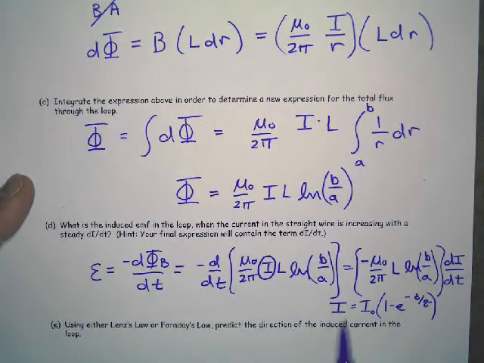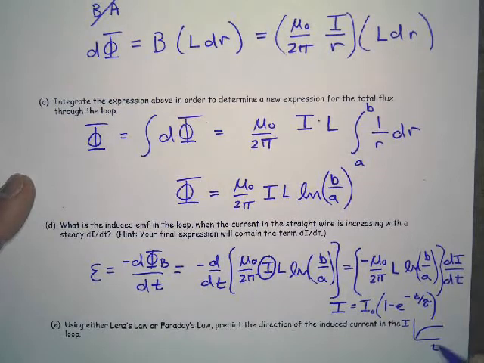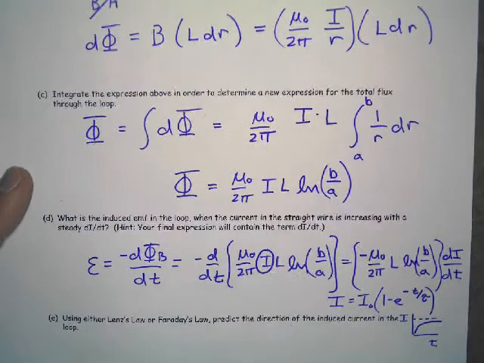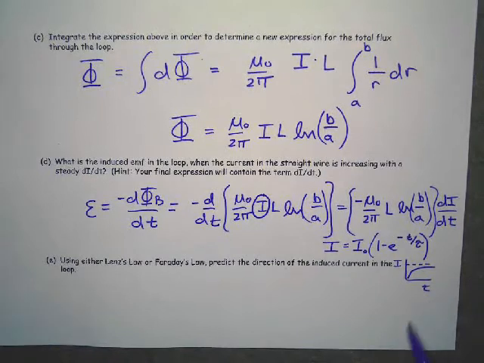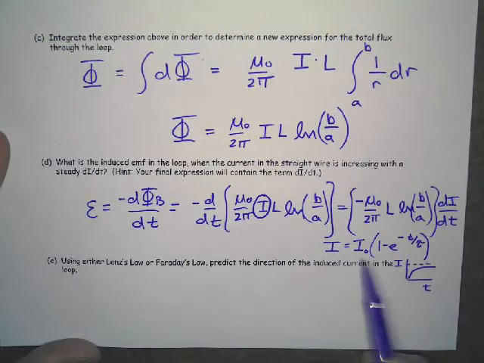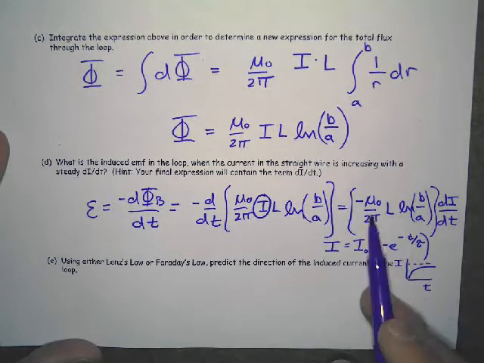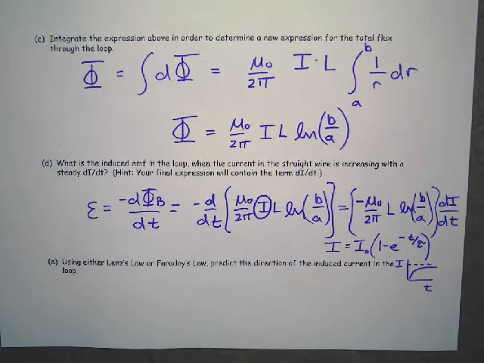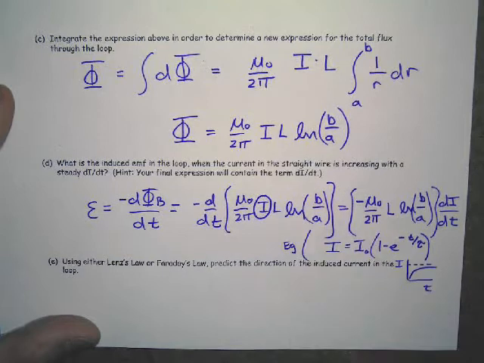So this would be an example of a current doing this sort of thing, approaching an asymptote. And so, the next step in this problem would be for you to take that expression and take the derivative of it and then plug it back in here and multiply it by this, and then you could actually evaluate the EMF. But I'm not going to do that in this video. I just want to show you how to set that up. So this is just an example right here.